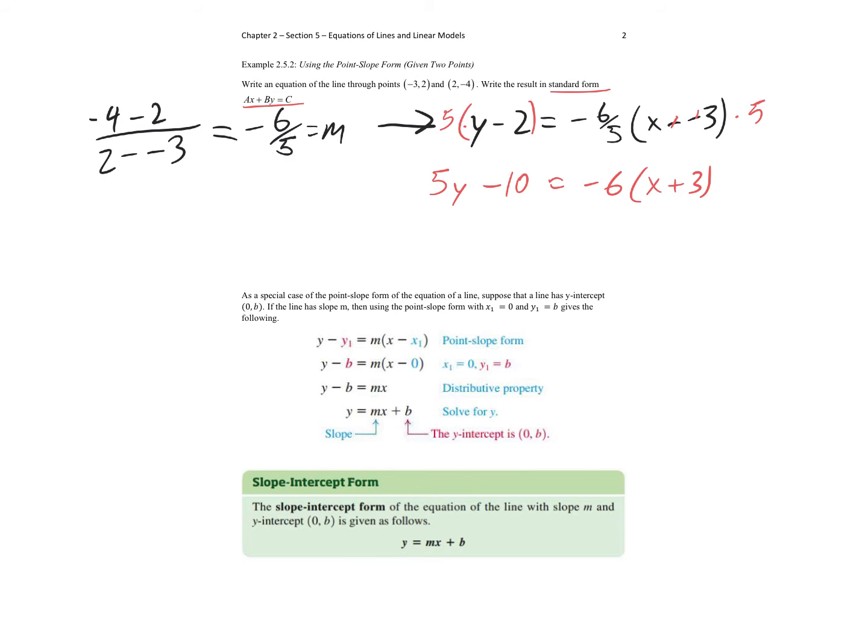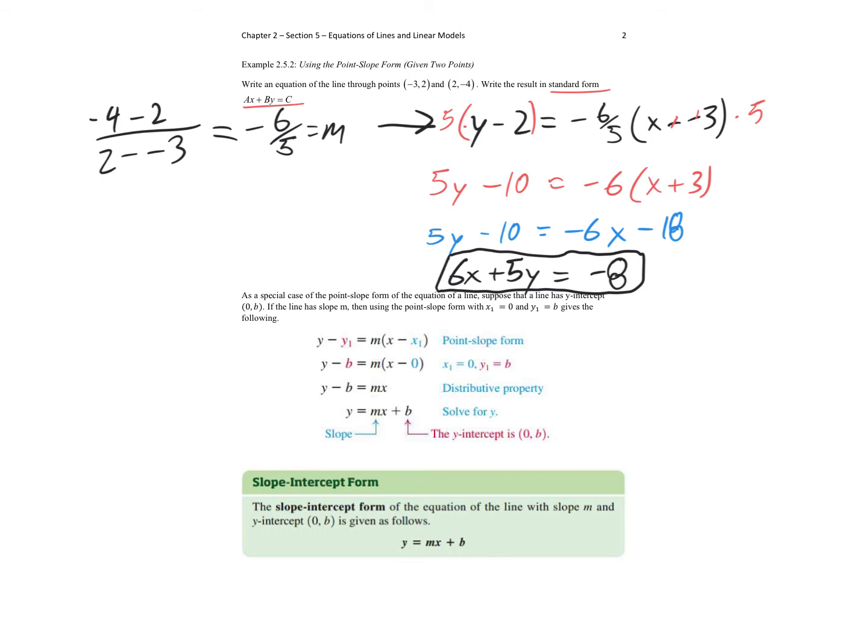Let's distribute: 5y minus 10 equals -6x minus 18, and we'll rearrange a little bit to get it back into the correct form. So we've got 6x plus 5y equals -8. And so that is in standard form. So all I did was rearrange the pieces after I distributed.